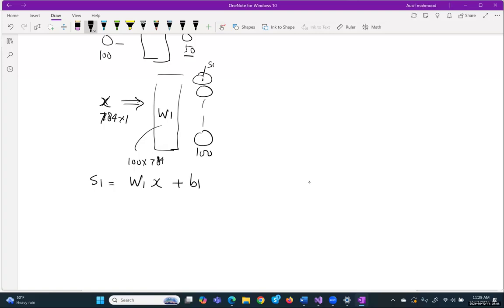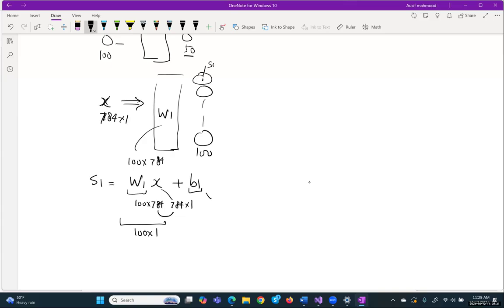Now let's see, as a matrix equation, is this satisfied? Is the matrix multiplication proper? What's W1? 100 by 784. What is X? 784 by 1. As we multiply these two, what will be the answer produced? 100 by 1.